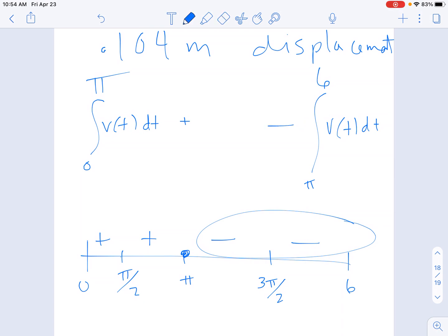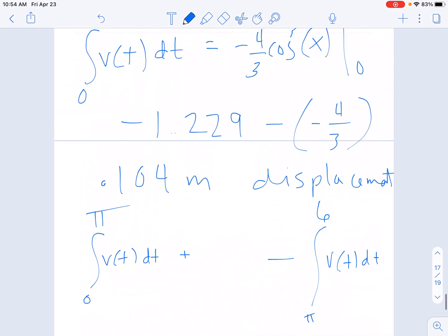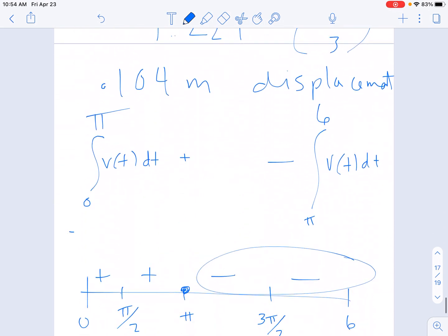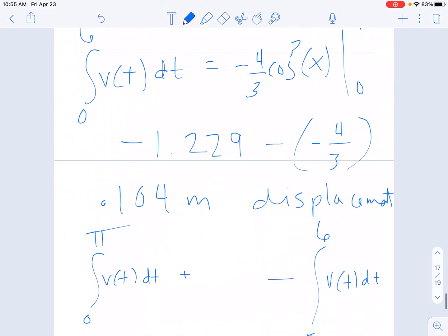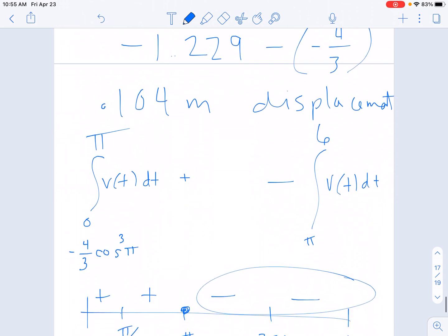So this is the one I want to change the sign on. Okay, so I already have my function, negative 4/3 cosine cubed of pi minus negative 4/3 cosine cubed of 0.